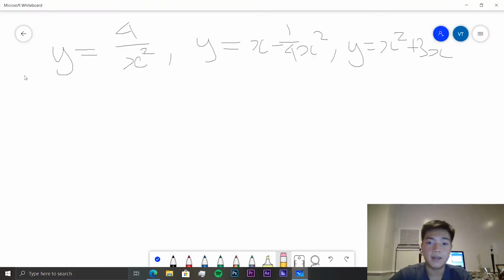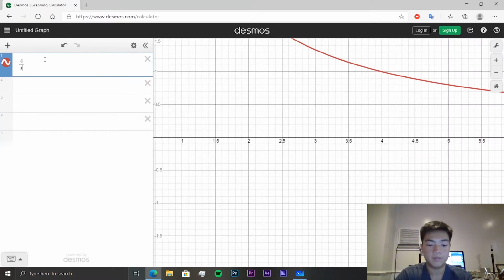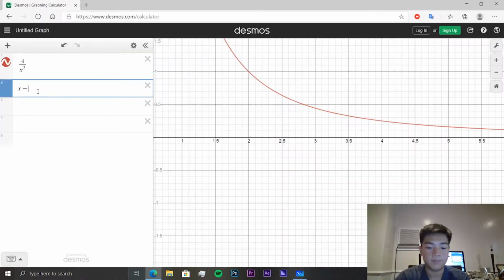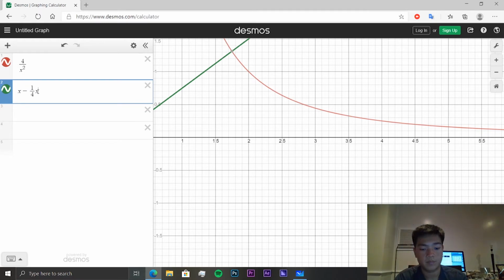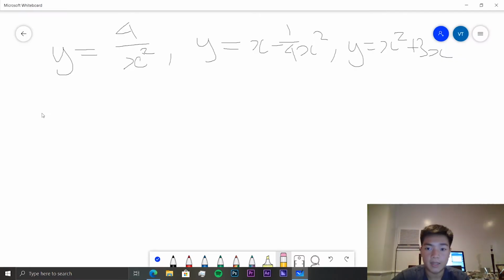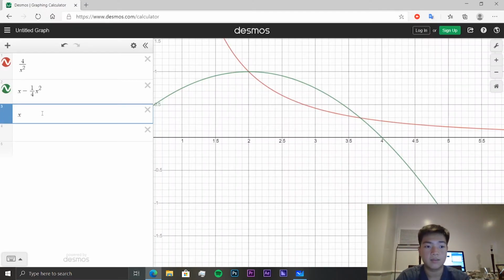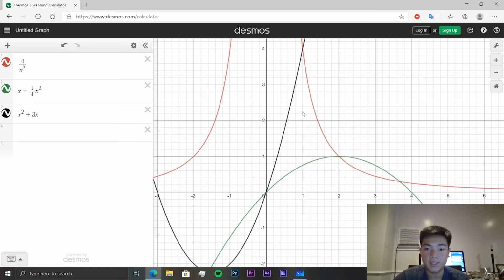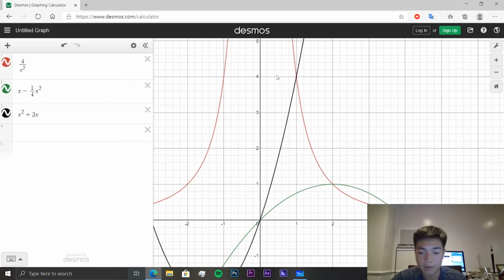So we get 4 over x squared. What is our other one? x minus 1/4 x squared. And x squared plus 3x. So I assume it's this region over here that they are referring to.